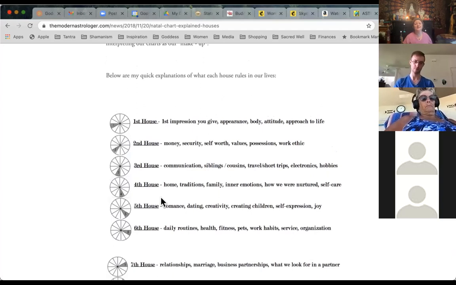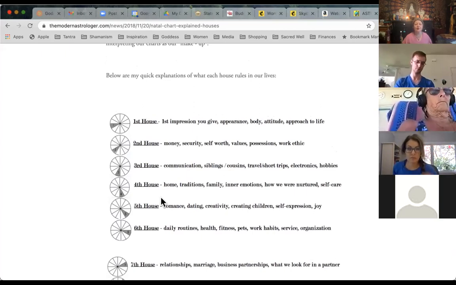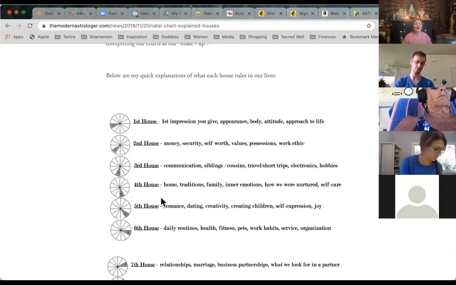So let's look at these different houses and these really great quick keywords that describe what each of them does. Our first house is the house of our first impressions, how we interact with the world, how we come across to the world, our appearance.